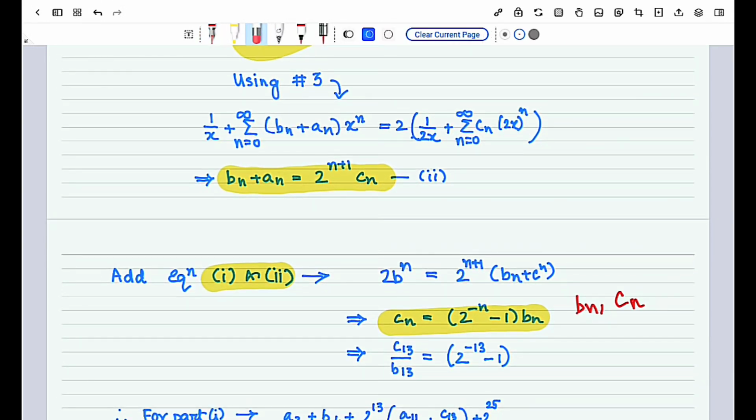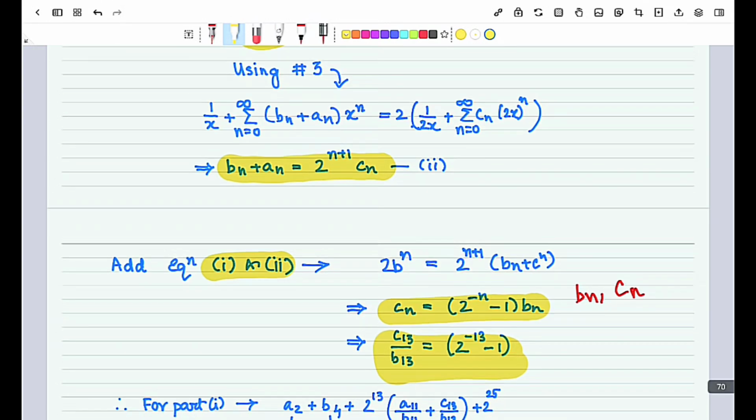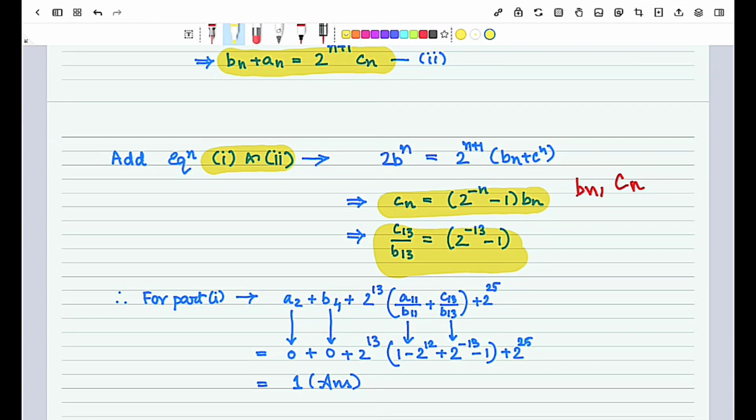After that, you can again take the ratio of the two terms and you end up getting that c13 divided by b13 is equal to 2 to the power of minus 13 minus 1. Now just put in the values and get the following equation and it's done. So the answer to this is 1.